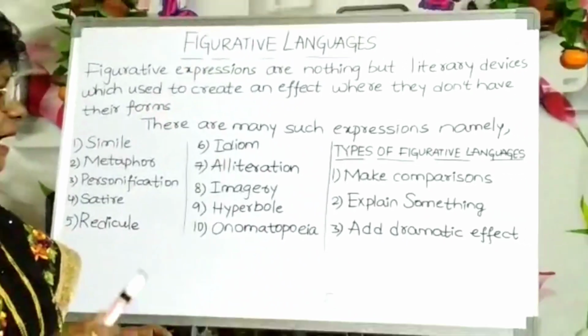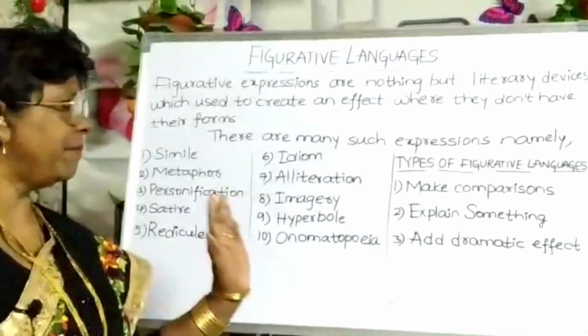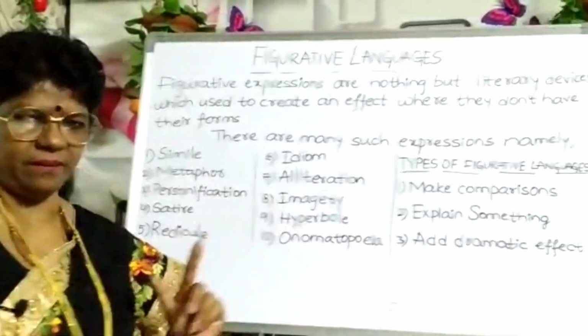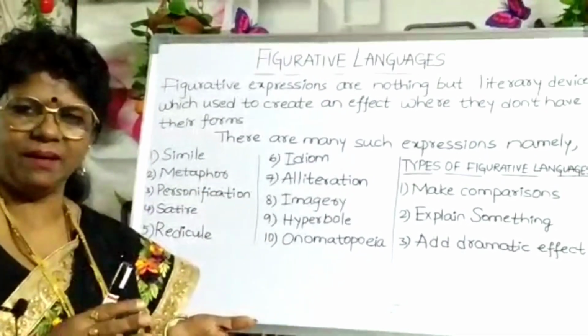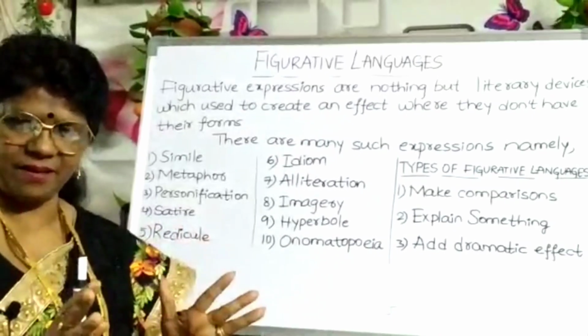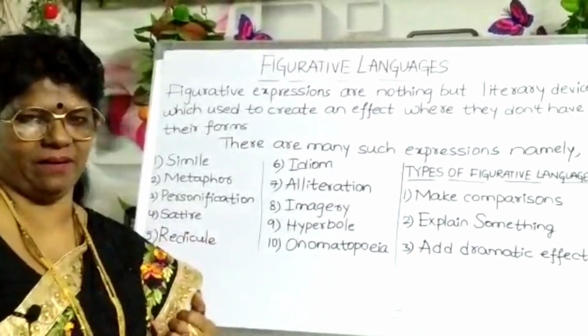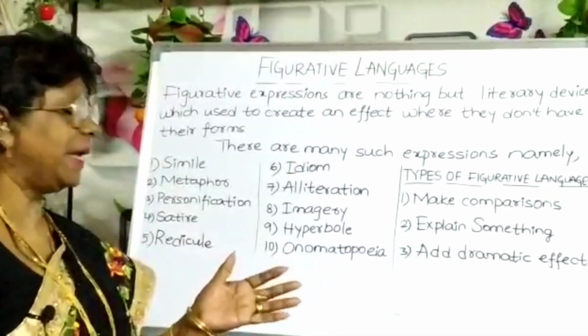Now, types of figurative languages. The first one is making comparisons. For example, simile: comparing one thing to another thing by using as or like. Example, my home is like heaven.